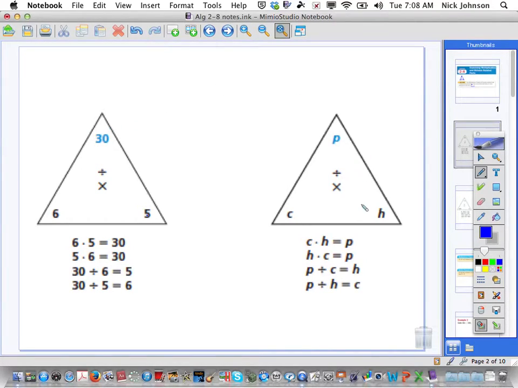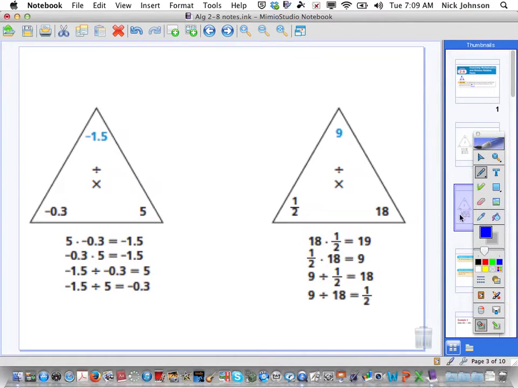So they use letters here. C times H equals P. H times C equals P. P divided by C equals H. P divided by H equals C. Looks exactly like the triangles that we had the other day. The only difference is now we're using multiplication and division, where they used addition and subtraction before.